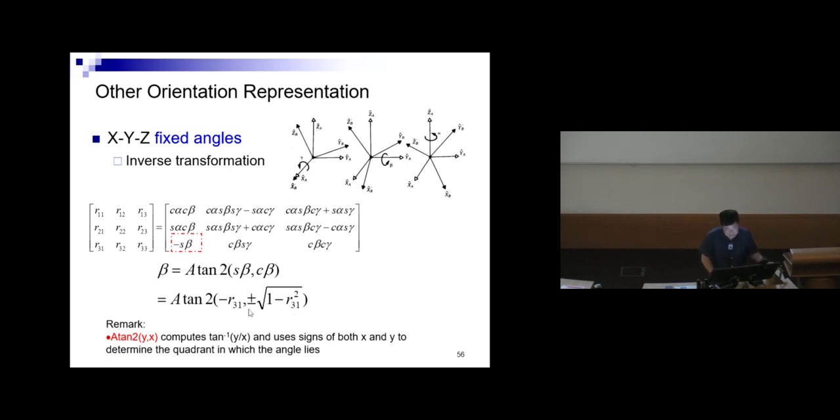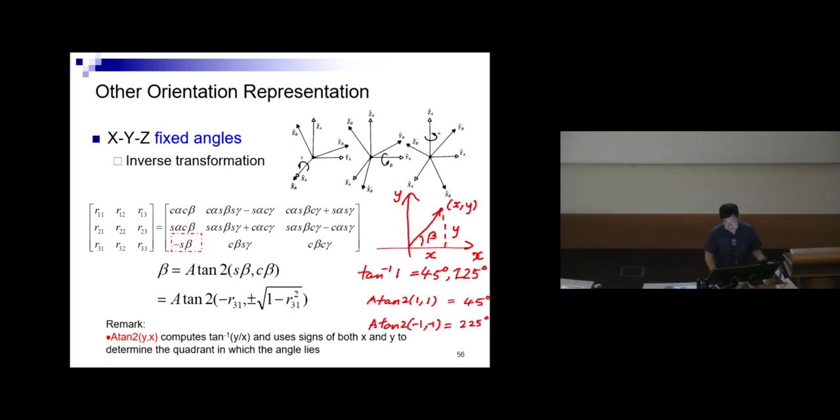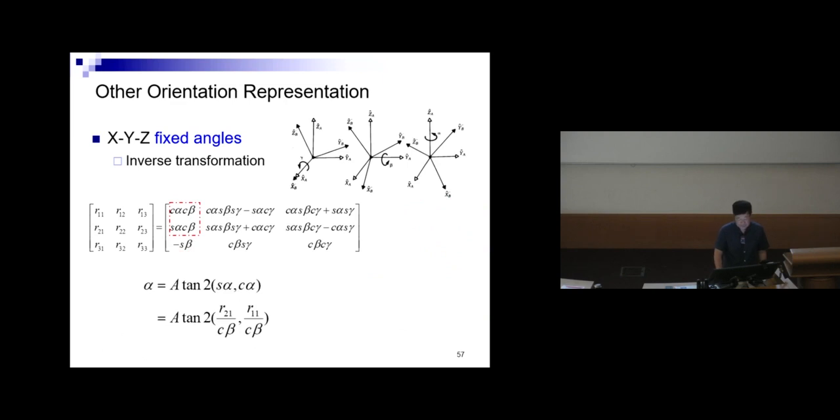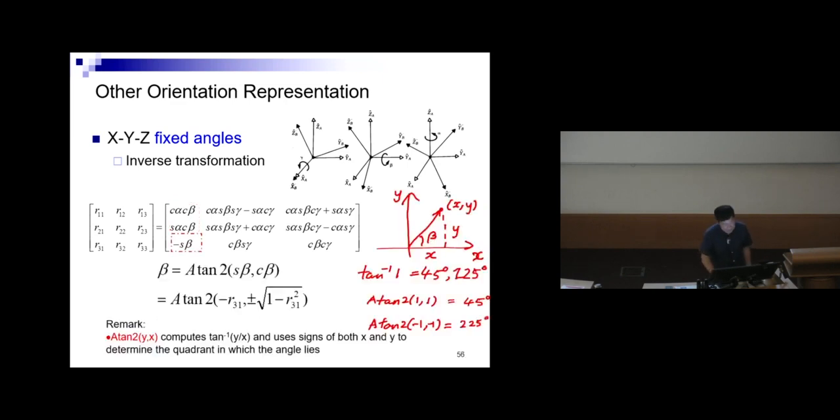From here, you will be able to determine your beta. This is an illustration of tangent inverse, just as a quick recap: tangent inverse of 1 is 45 degrees. So you have determined beta.